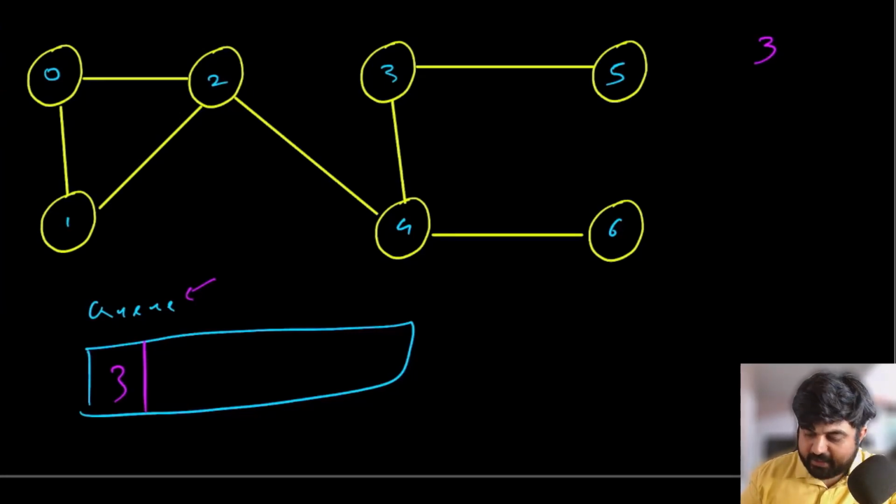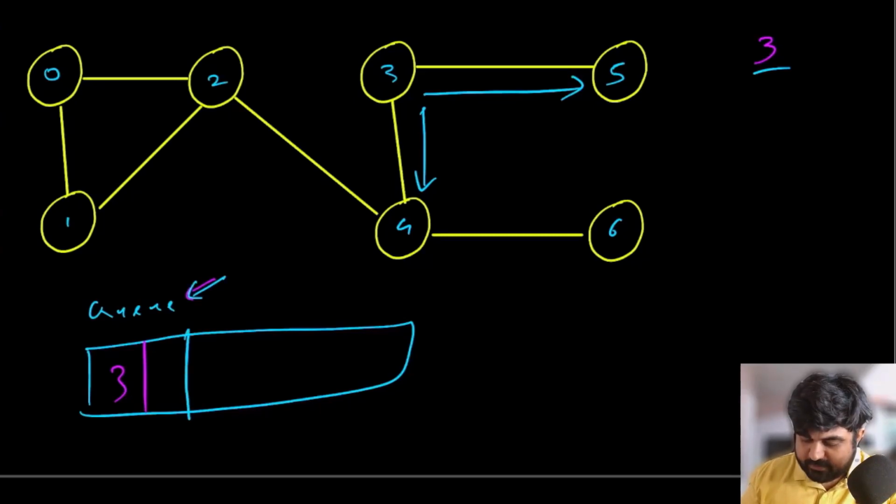Now, for this value number 3, we are going to check whether 3 has any neighbors or not. And 3 does have 2 neighbors. The first neighbor is value number 5, and the second neighbor is value number 4. The moment we identify the neighbors for any element, we are going to add them to our queue. So awesome, let's add them, 4 and 5. At the same time, we check inside the hash set.